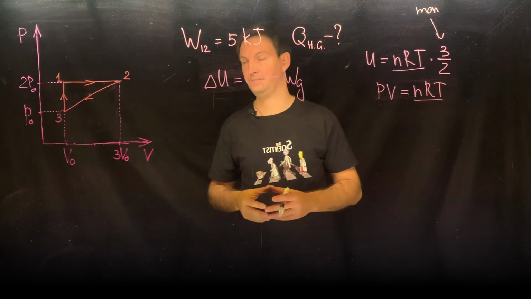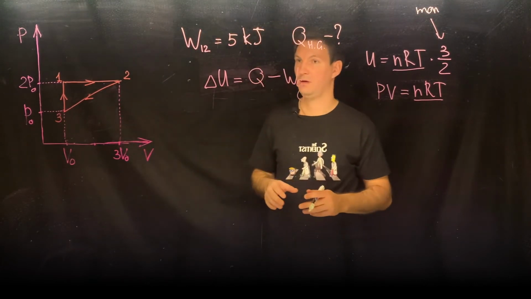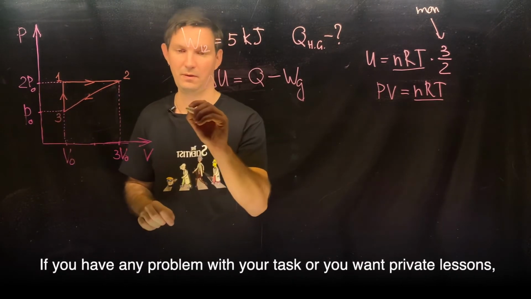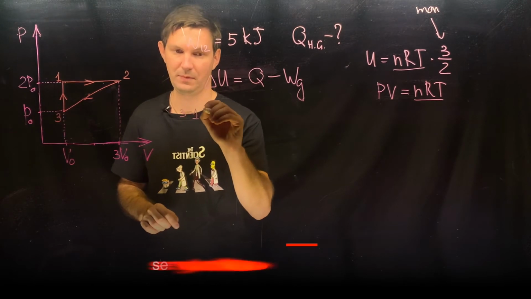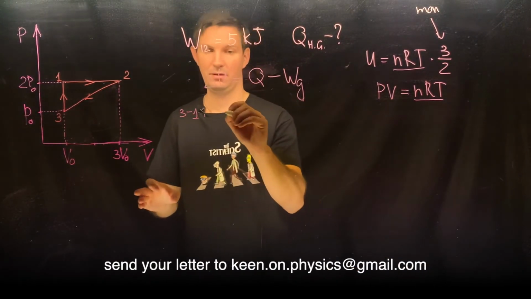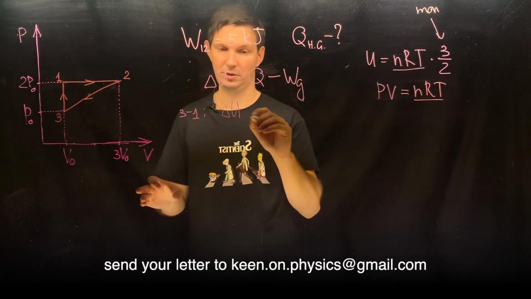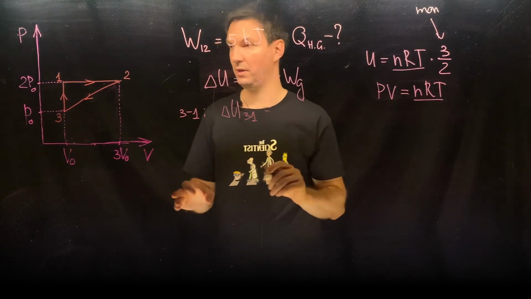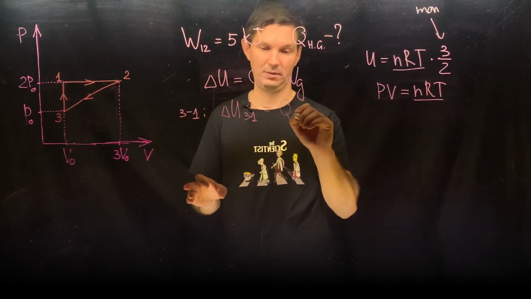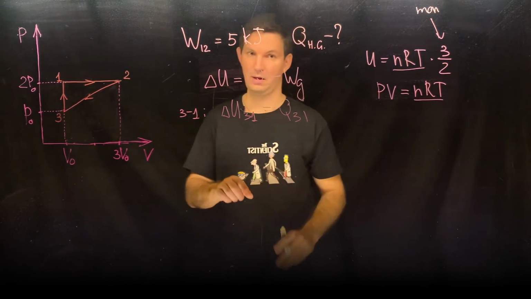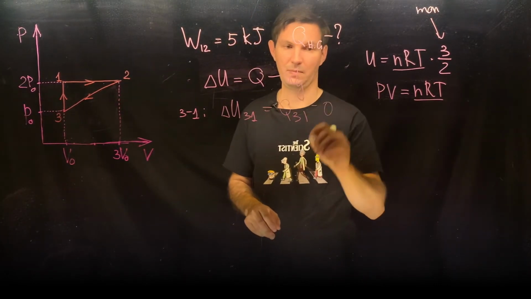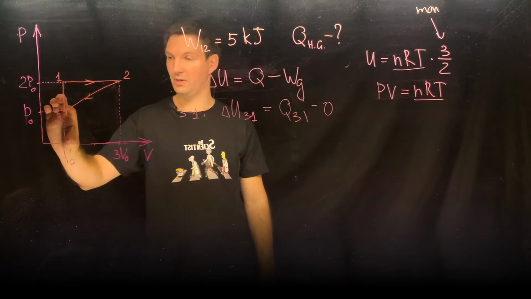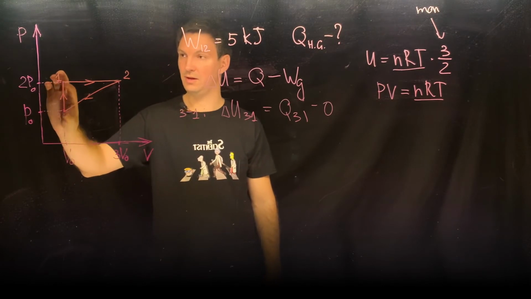And the last step, step number 3, in this case the transition from state 3 to state 1, 3-1. In this case the change of the internal energy 3-1 equals the quantity of heat 3-1, and work will be equal to 0 as there is no area under this segment.